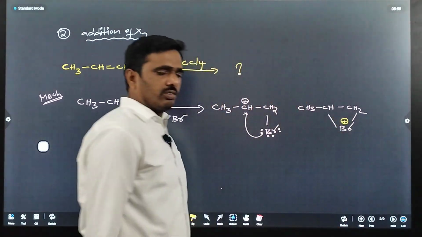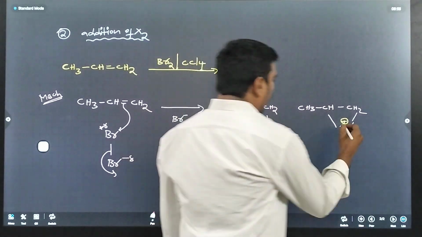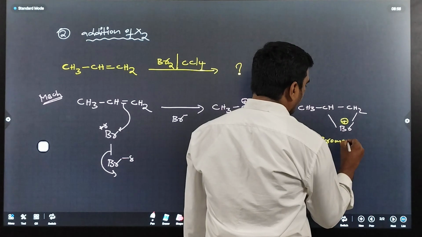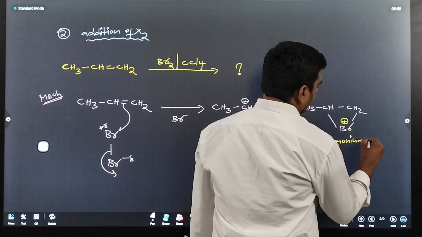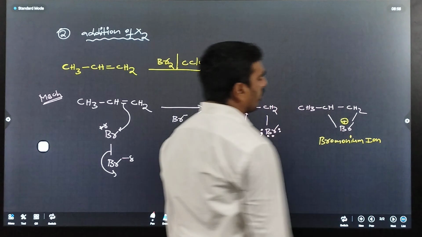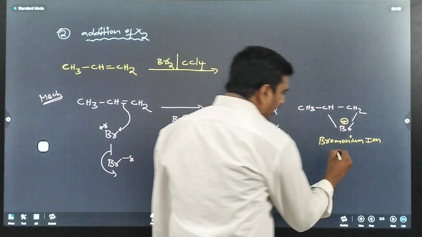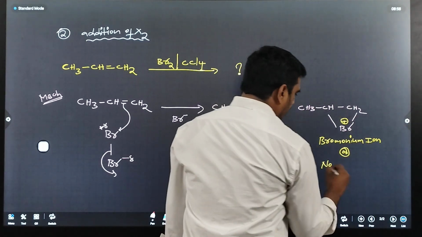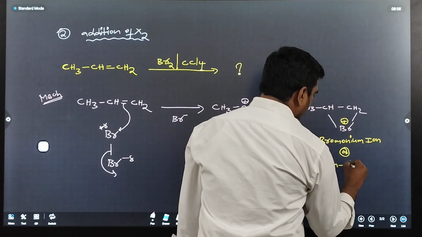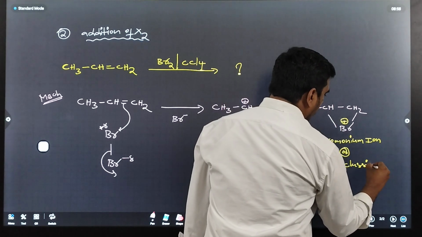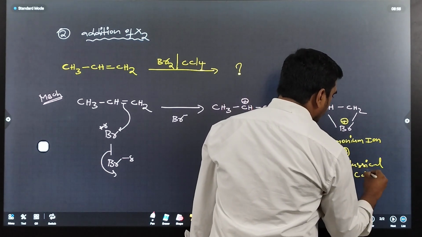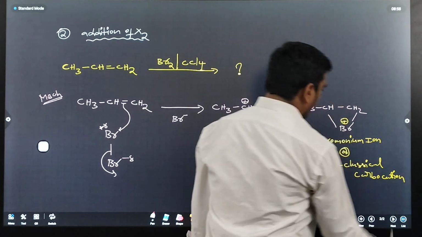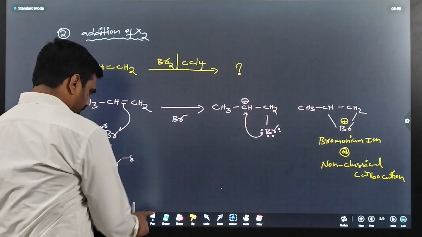This is the bromonium ion, or non-classical carbocation.